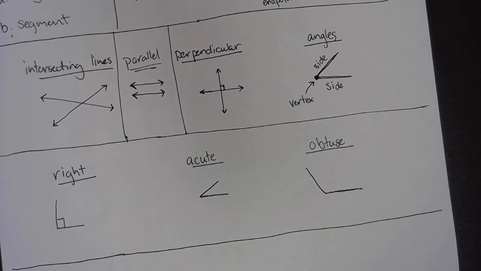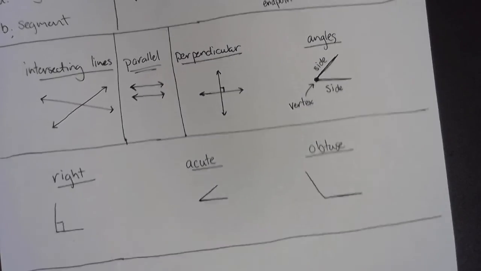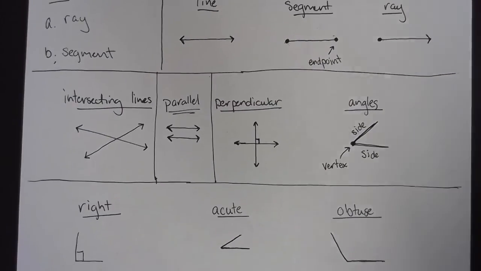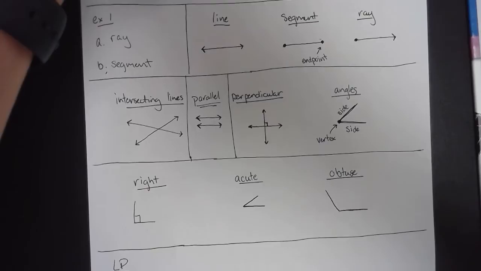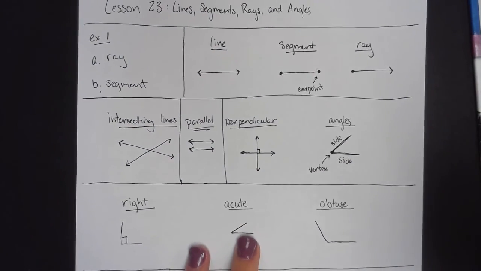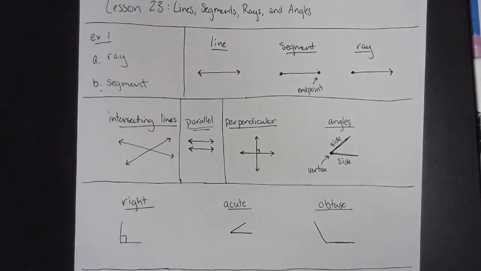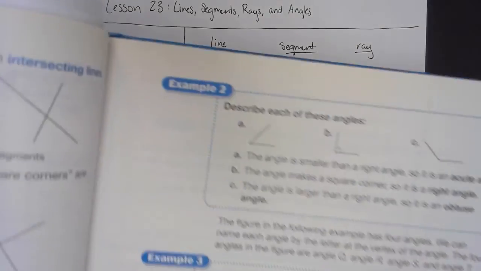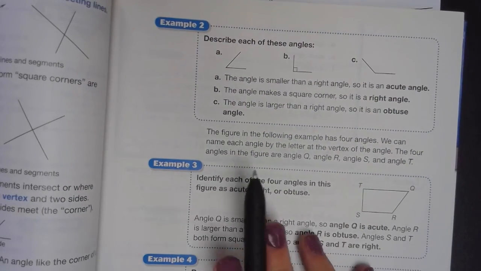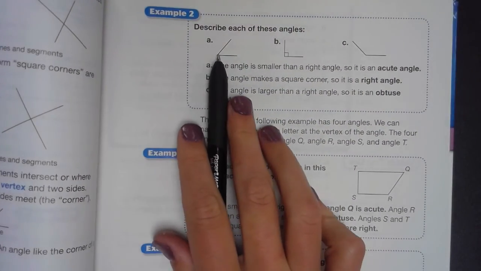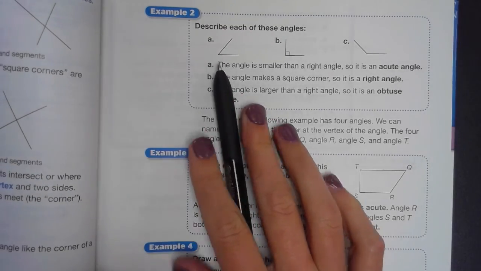Let's go ahead and look at example 2 in our book. If you need this still, go ahead and pause the video right here so that you make sure your sheet looks like mine. Now, example 2 in our book says describe each of these angles. This one. Notice that it's smaller than that right angle.